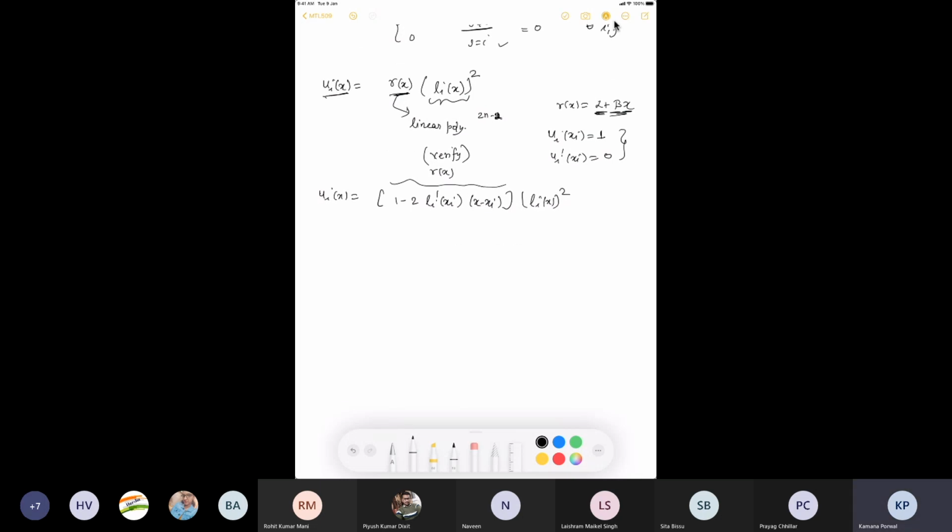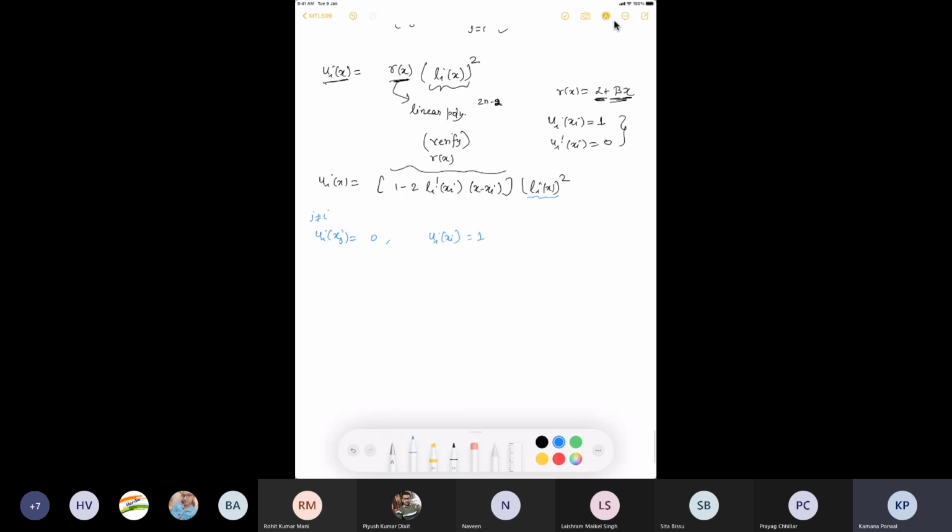And you can clearly check that if you take Ui at any of the xj, it will give you delta ij, and if we take j not equal to i, then clearly this is 0. And if you evaluate Ui at xi, this factor will be 0, because you have a factor x minus xi. So the only term left is that Ui at xi is nothing but Li(xi) squared. So Li(xi) is 1, so you will get this as 1.